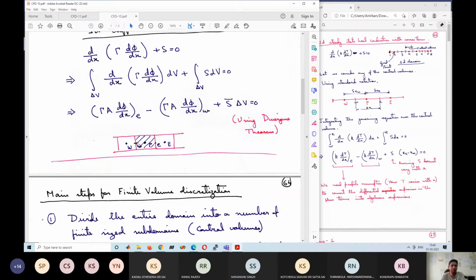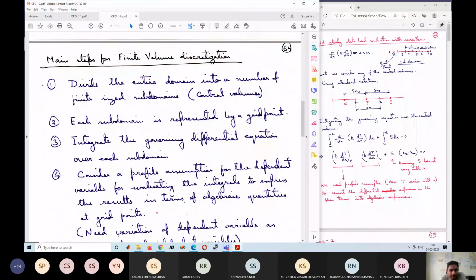To interpolate this value, we have to assume how the temperature, or the variable phi, is varying from P to E, whether it is linearly or quadratically varying. If it is linearly varying, we can just take the linear average at point E, so Tp plus Te by 2 is the value at point E. But if it is not linearly varying, we cannot take that average, so we have to calculate based on the assumption of variation.